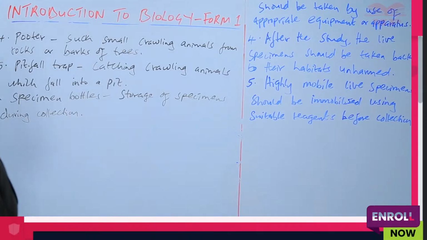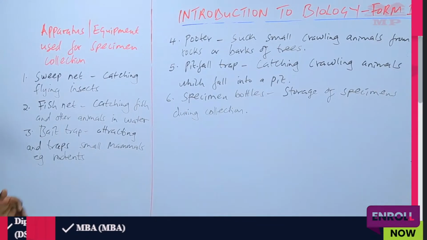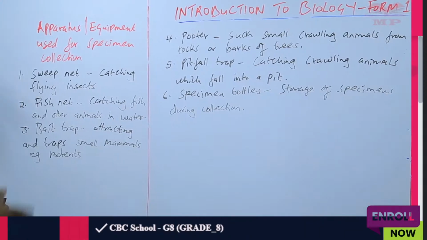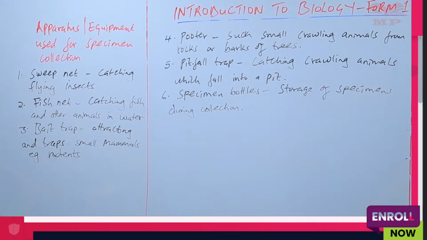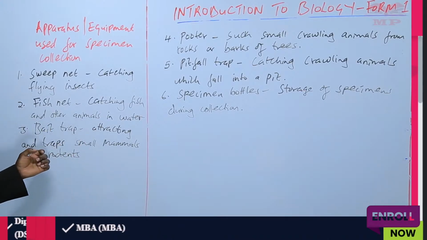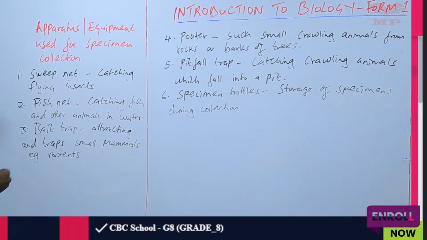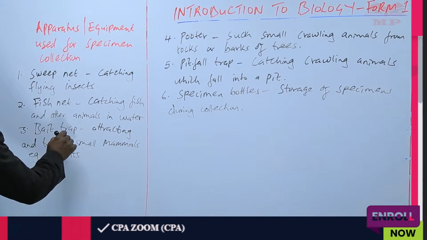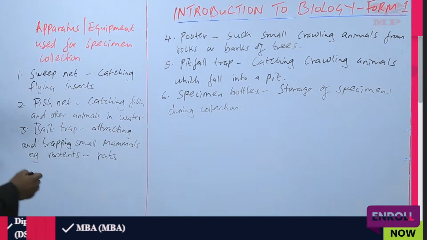Now, also, we have learnt about the apparatus or equipment that we use for specimen collection. There is a sweep net for catching flying insects, the fish net for catching fish and other animals in water, and the bait trap, which attracts and traps small mammals, e.g. rodents such as rats and mice.